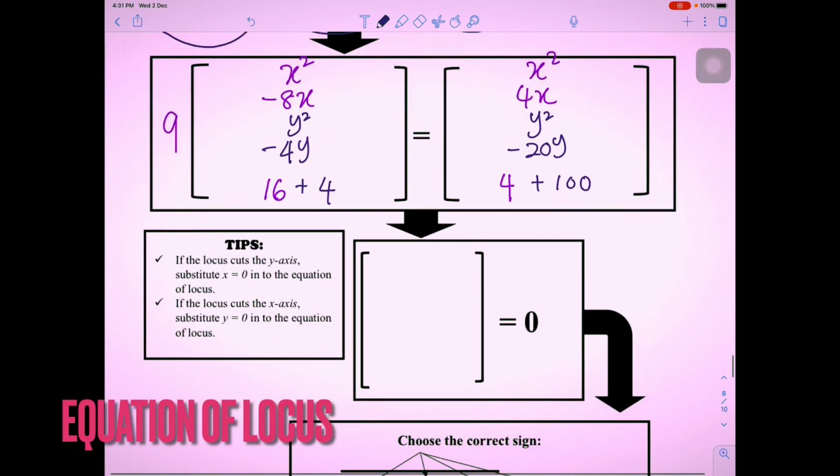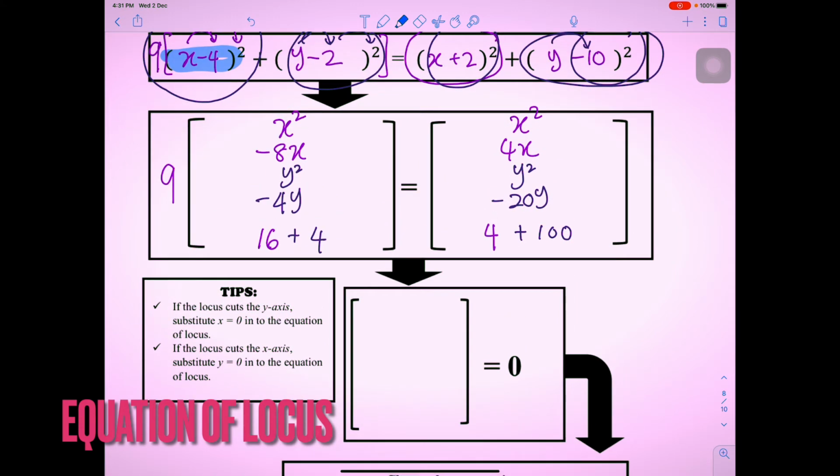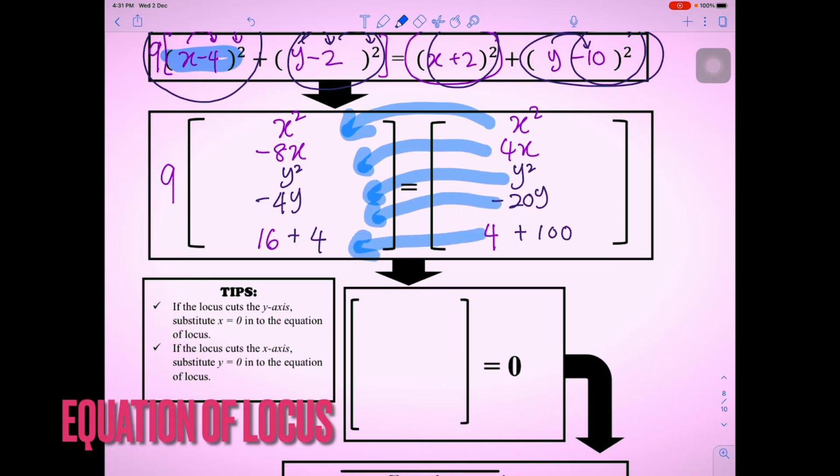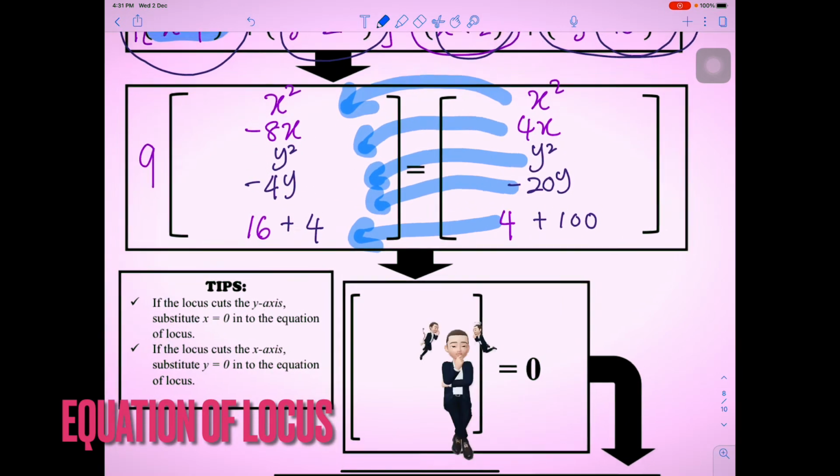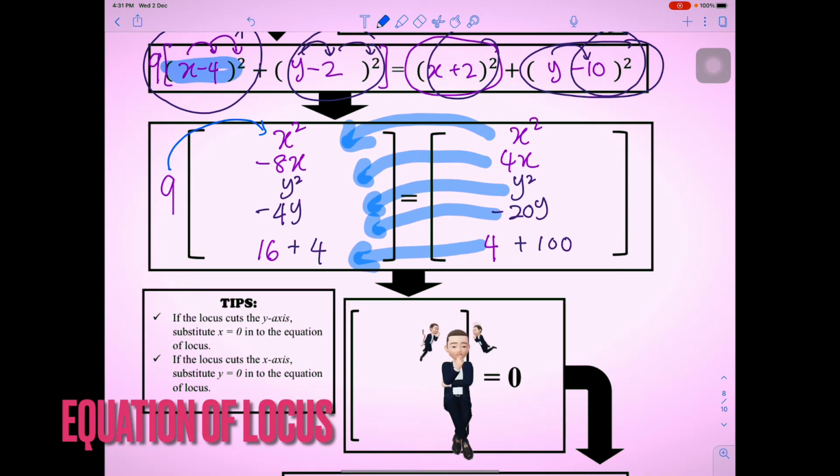Now simplify. So what do we do? Bring everything to one side with the same terms and constants. So 9 times x squared becomes 9x squared, and bringing x squared across gives minus x squared.